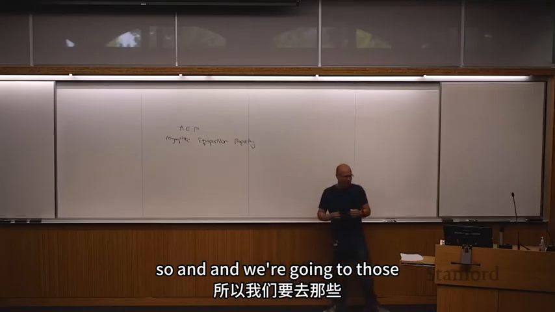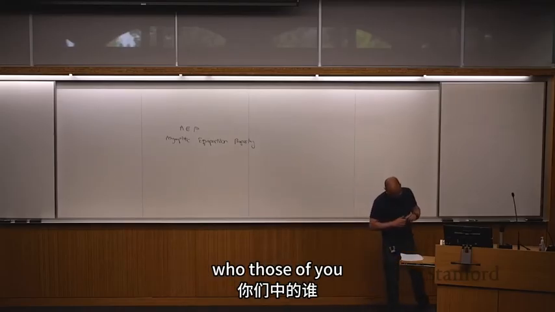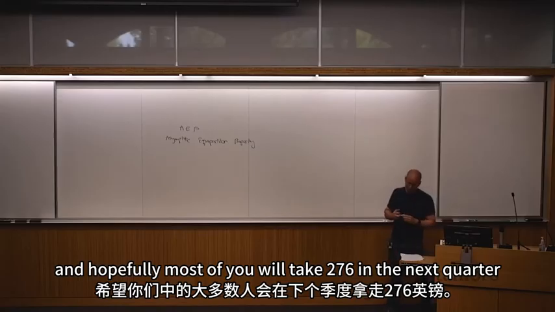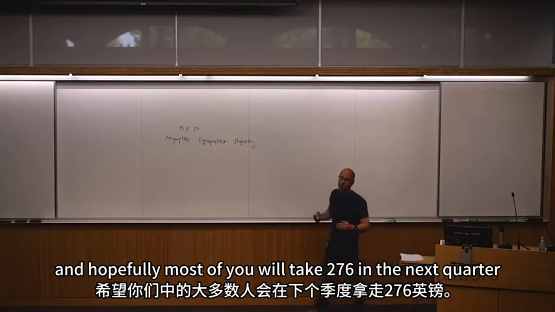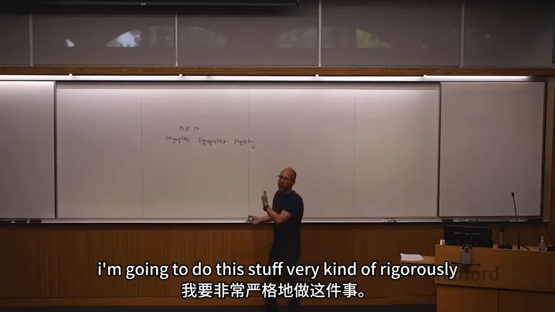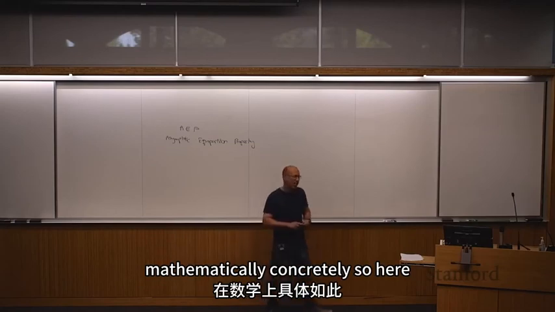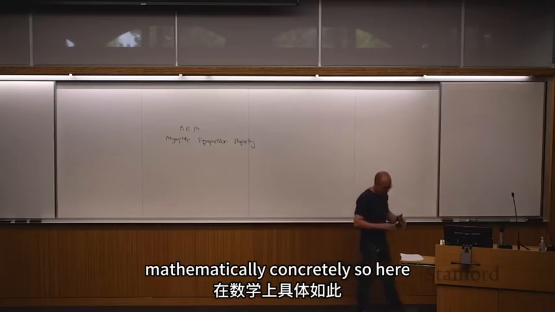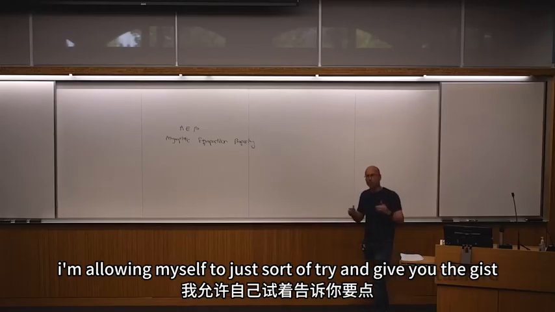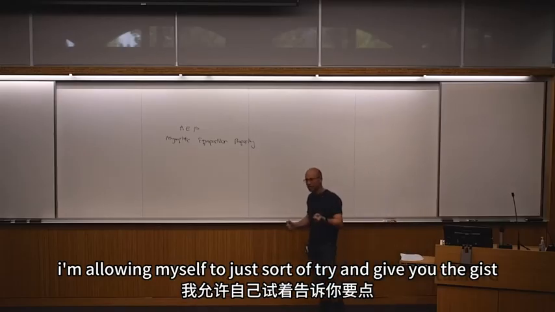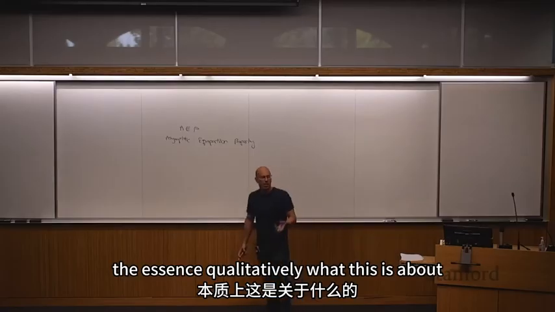So, those of you, and hopefully most of you, who will take 276 in the next quarter, we're going to do this stuff very rigorously, mathematically, concretely. So here, I'm allowing myself to just try and give you the gist, the essence, qualitatively, what this is about.